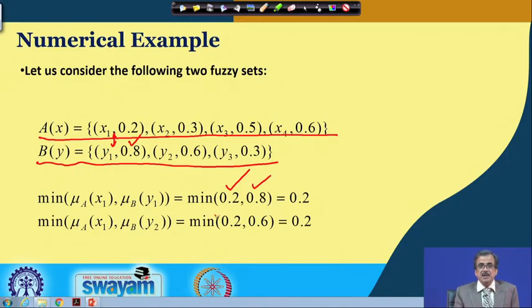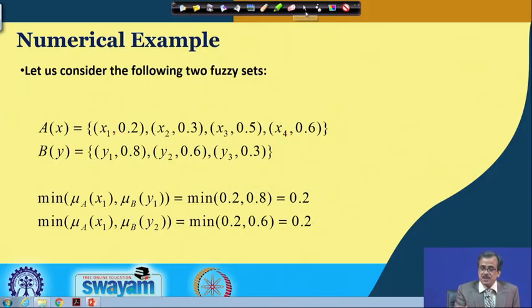We compare 0.2 and 0.8 and find the minimum. Similarly, we compare mu A(x1) and mu B(y2), that is 0.2 and 0.6, and their minimum value is nothing but 0.2, and by following the same procedure.